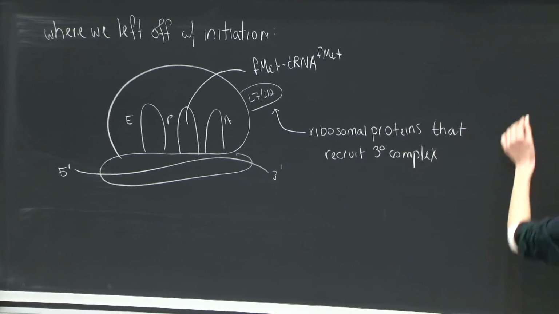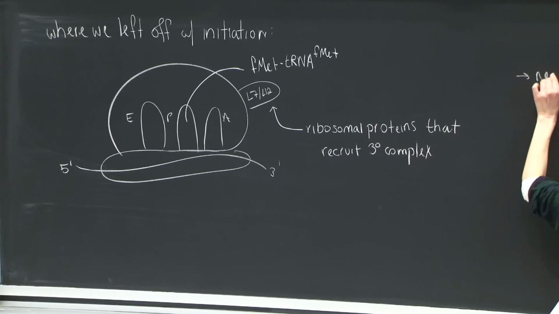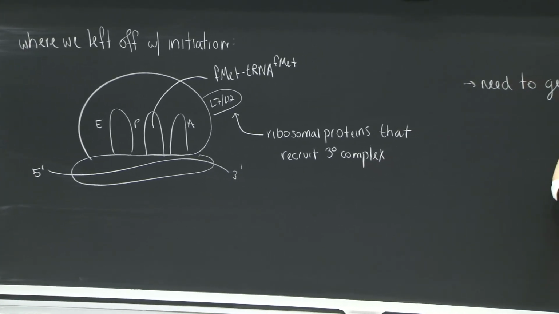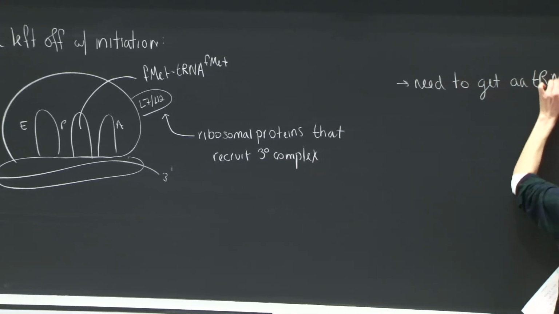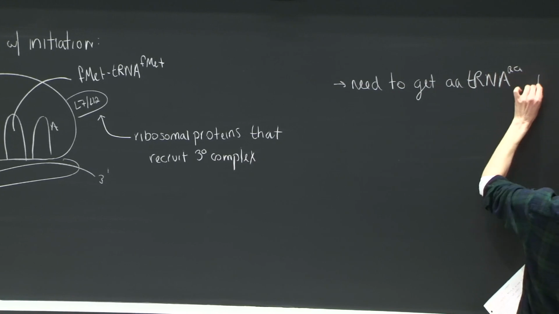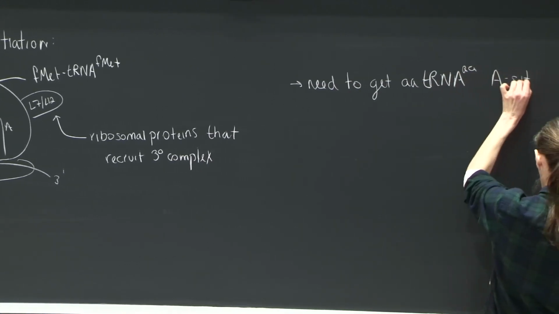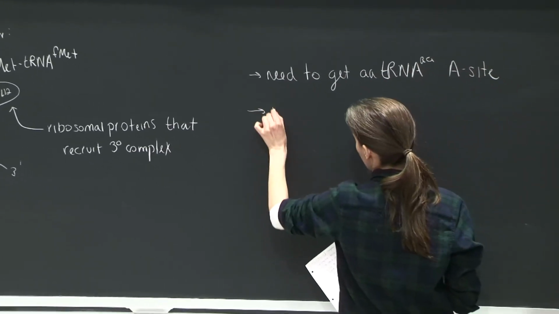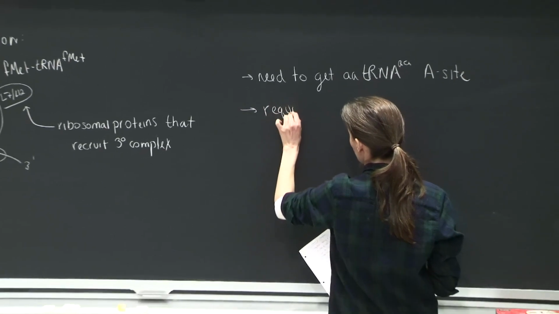Okay, so now we need to get the aminoacyl-tRNA to the A site, and this requires EF-Tu.